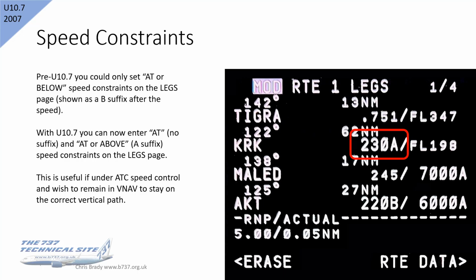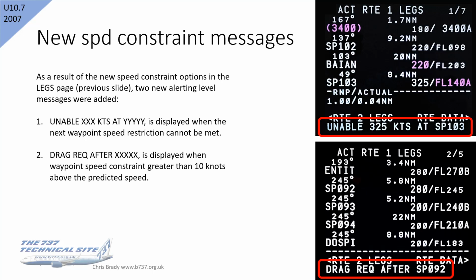I guess it was quite an easy thing to program in. Now, as a result, perhaps, of this increased speed flexibility, or programmable speed flexibility in the legs pages, two new speed constraint messages, or alerting level messages, were added.